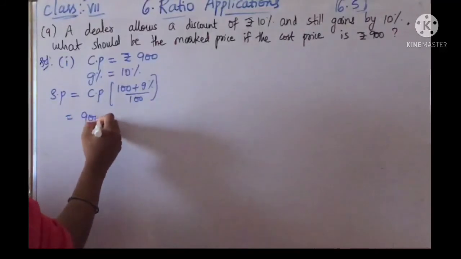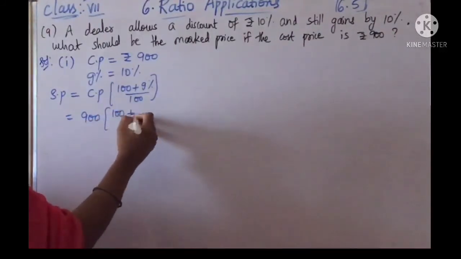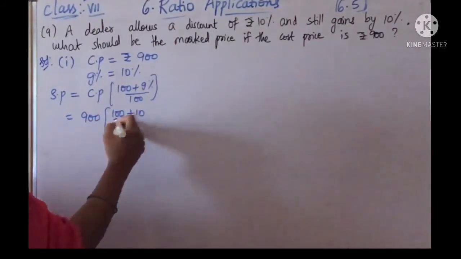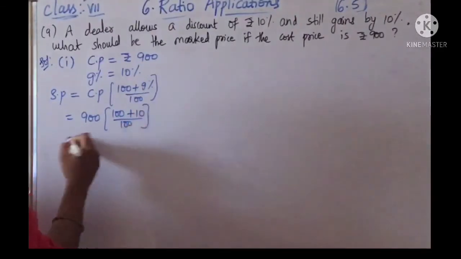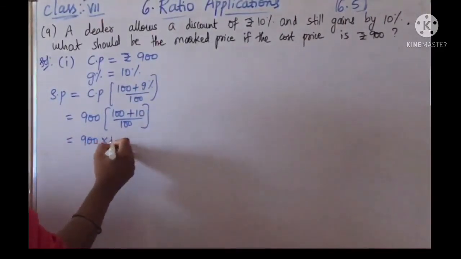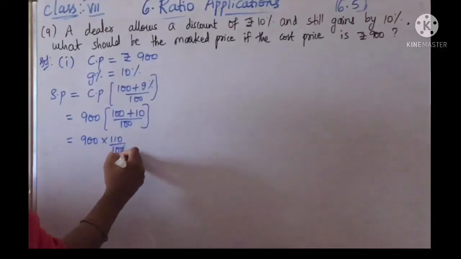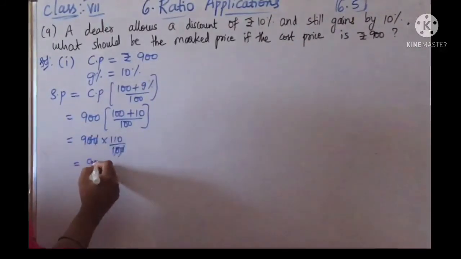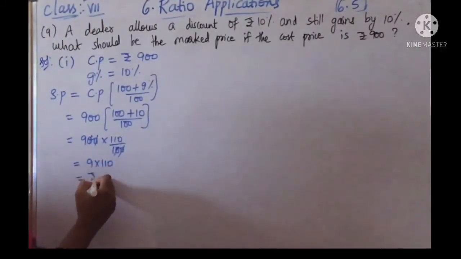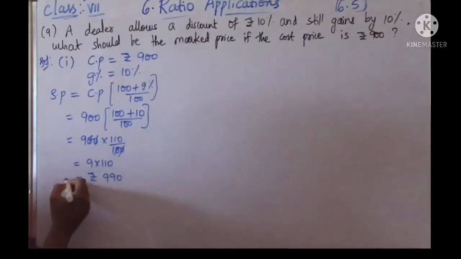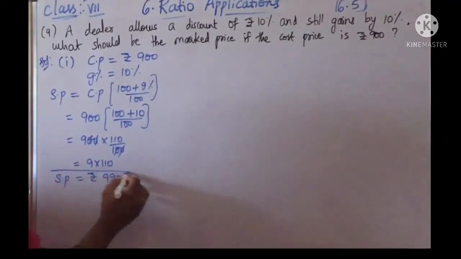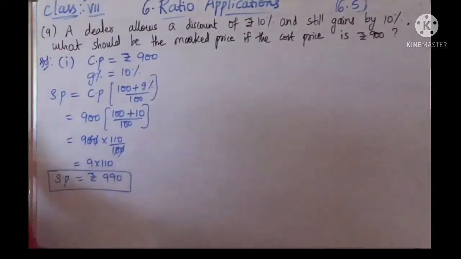So 900 into 100 plus 10 by 100, right? So that is 900 into 110 by 100, that gives you 9 into 110, that is 990 rupees. So here SP we got as 990 rupees, right?